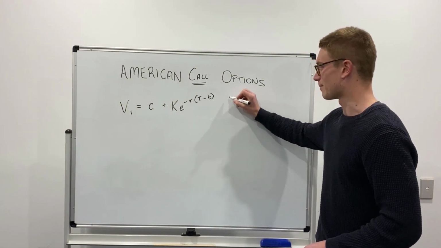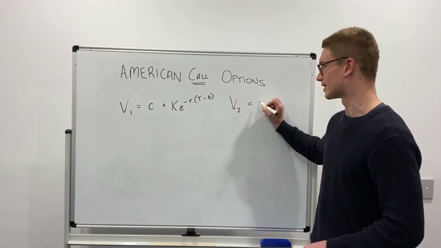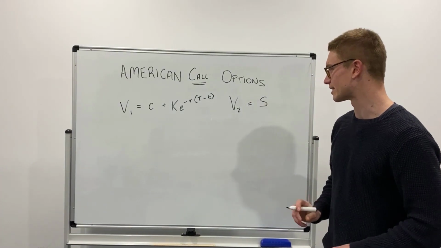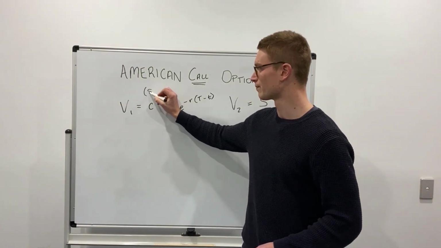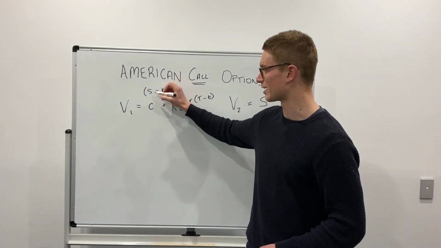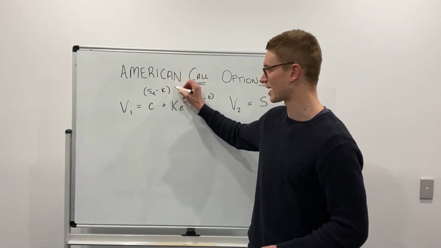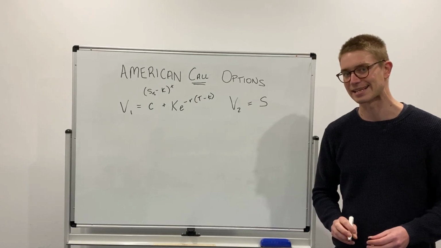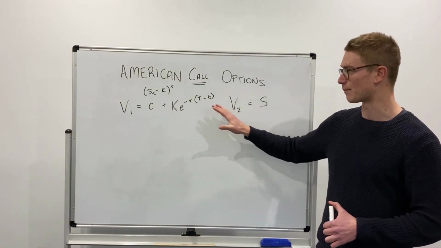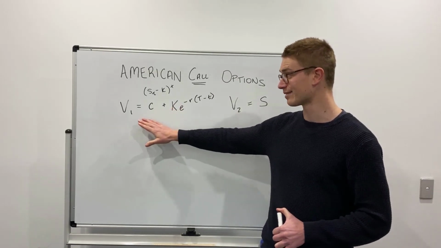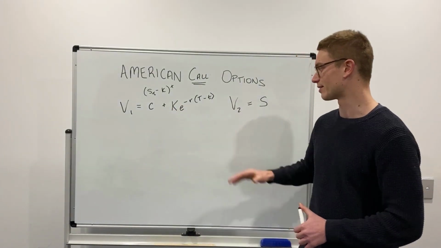The second portfolio is simply going to have the underlying, which is S. Remember, that has a payoff of S minus K, where S tau can be exercised at any time. Now we're going to consider the conditions where V1 is ever greater than V2.